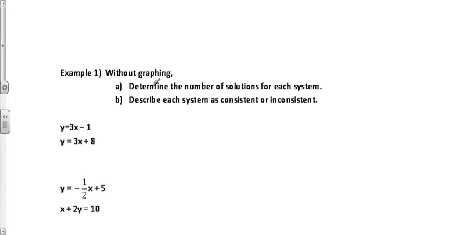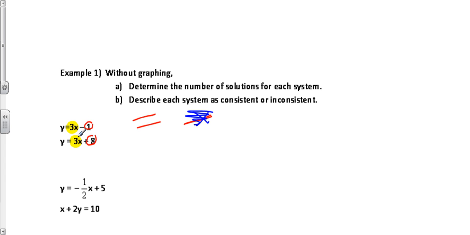Alright, example 1. Without graphing, determine the number of solutions for each system and describe each system as consistent or inconsistent. Well, we talked about this in the previous slide. How do we know how many solutions there are? Well, let's look first of all at slopes. Same slope. So if they're the same slope, they're either going to be parallel or they're going to be the same line. The y-intercepts are different, so therefore it cannot be the same lines.